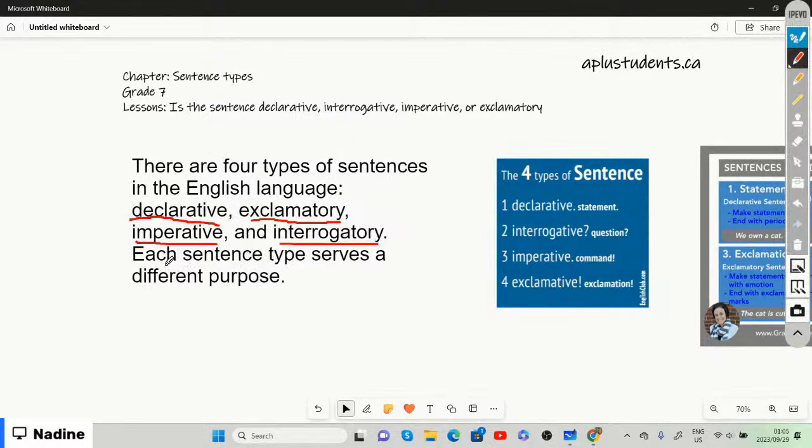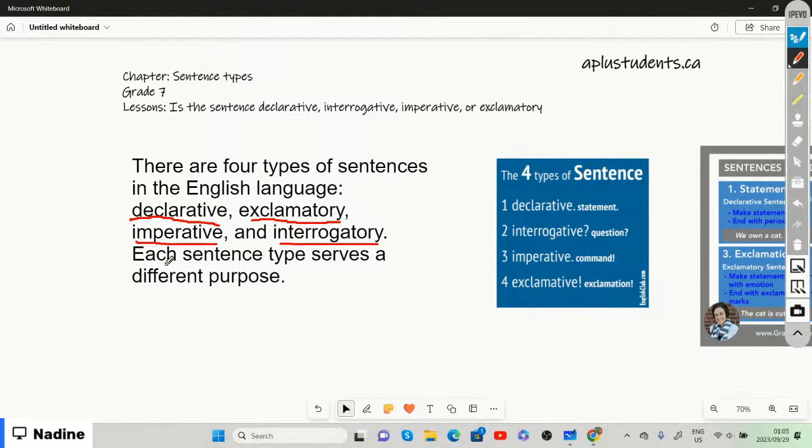And when it comes to these 4 types of sentences, each one serves a different purpose. Each one has its own specific meaning.